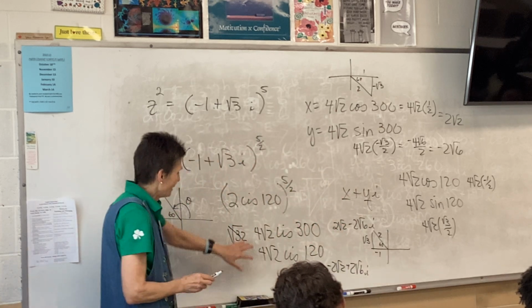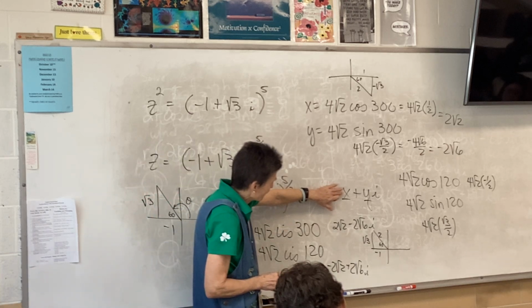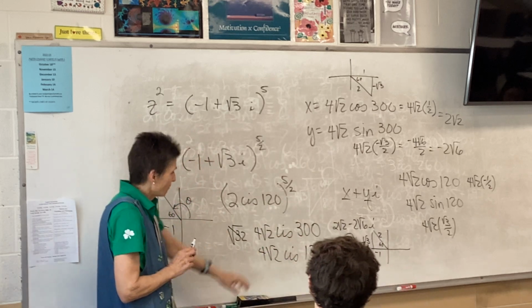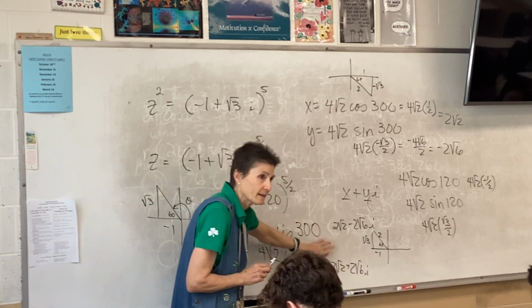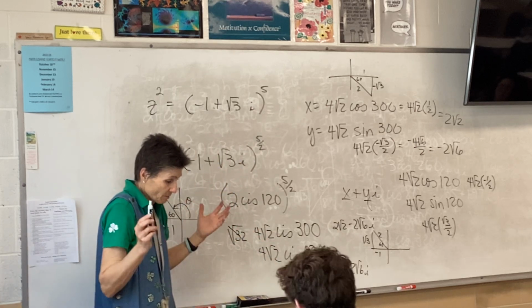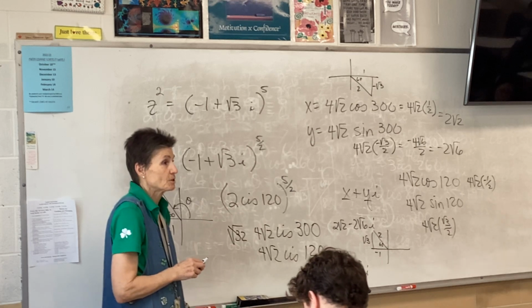These are complex numbers, so they got to be written like this. The numbers are fine, but the form is what they need to look like. Okay, I don't know who asked for that question, but are we all good there? Okay, what else? Let's go.